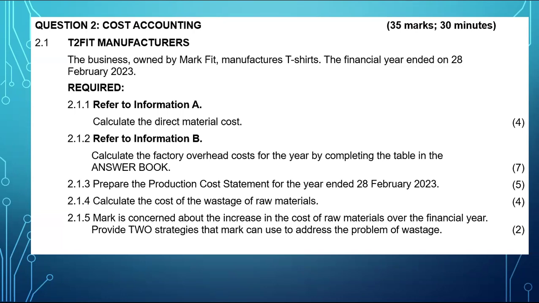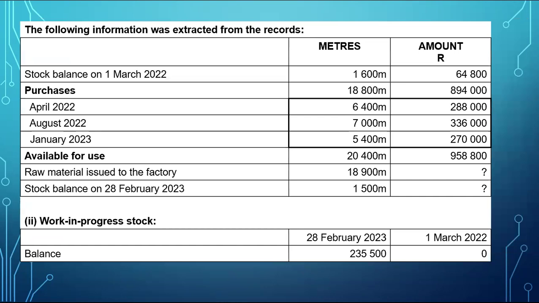Let us do 2.1.4. It requires us to calculate the cost of the wastage of raw materials. Normally, to calculate the cost of wastage, they will tell you how many raw materials were issued to production, which they did give us here. And then they will ask you to calculate yours.